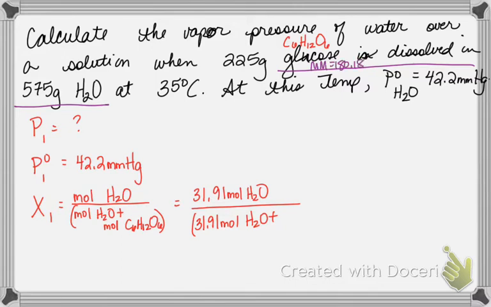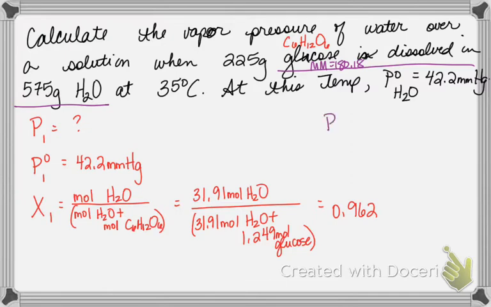So the moles of that, I've got 1.249 moles of glucose. So, for my mole fraction, I have 0.962. And mole fraction is a unitless number, okay, because it's moles divided by moles, so it doesn't have any units.